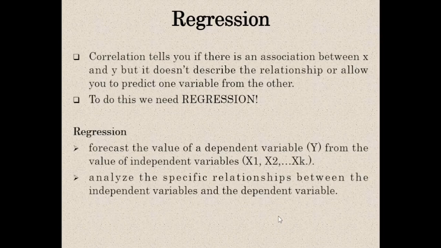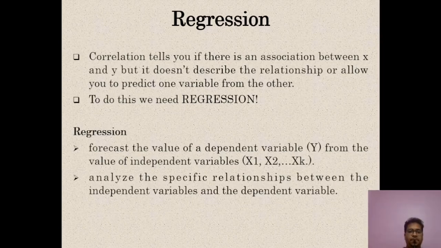Like suppose अगर x की वैल्यू पता है तो मैं y की वैल्यू निकाल सकूं इस तरीके का. But regression provides you that ability. The regression technique provides you that ability. So regression is one of the methods where you can perform that.